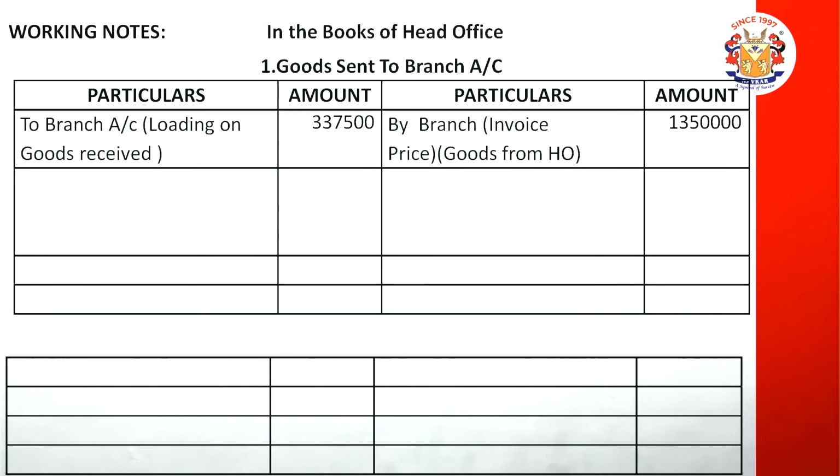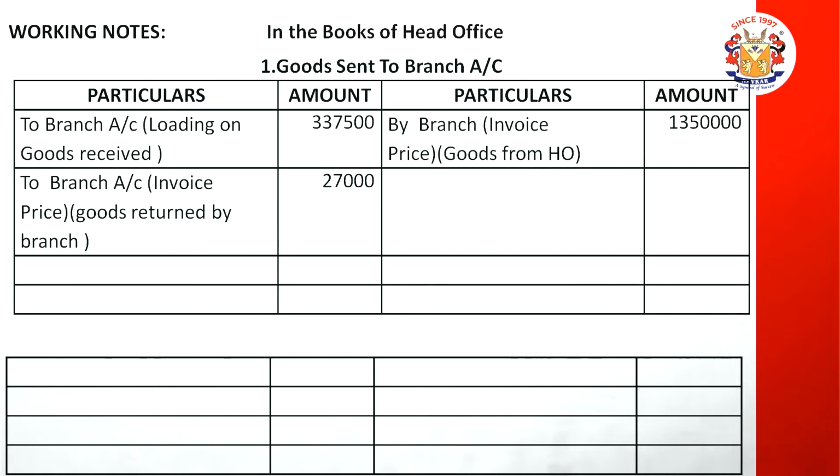Loading on goods received 337,500. Invoice price of goods returned by branch will be debited to goods sent to branch account, 27,000. Loading on goods returned by branch will be credited to goods sent to branch account, but obviously debited to branch account, 6750.